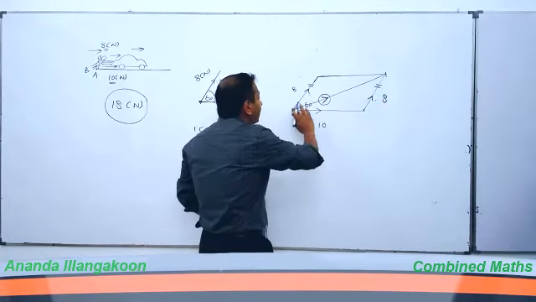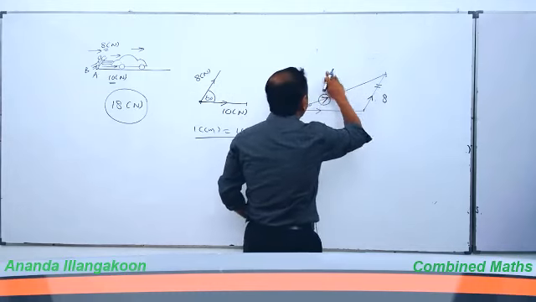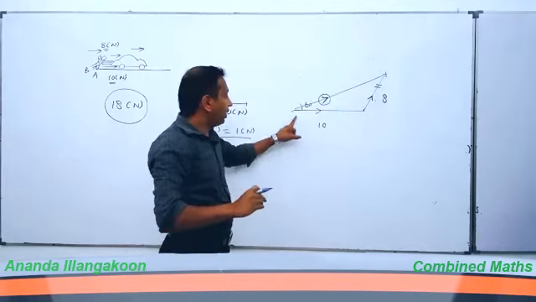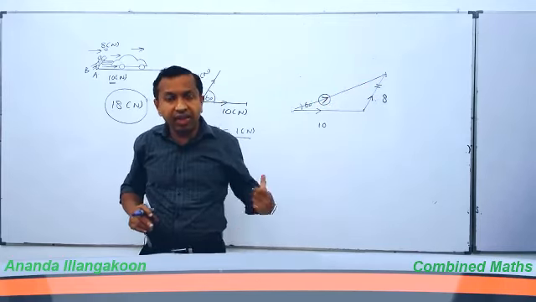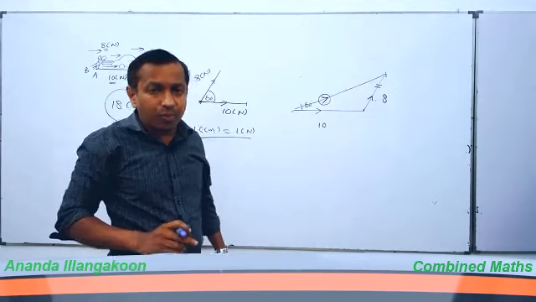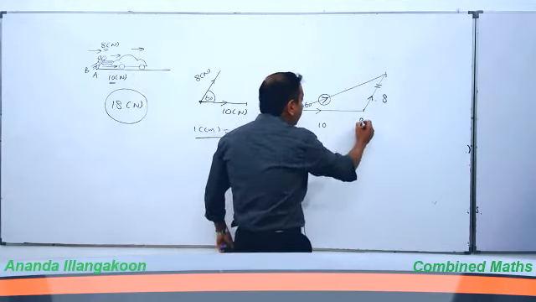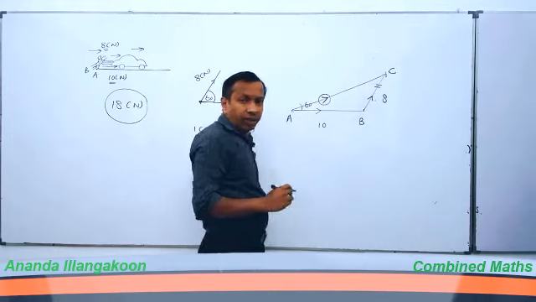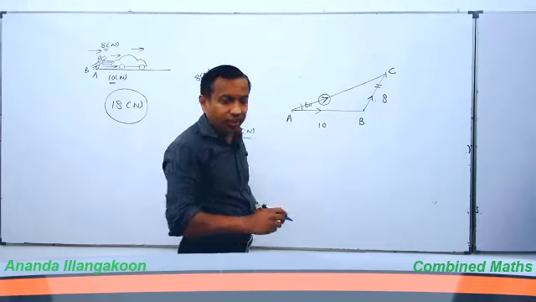Now, people, I am going to erase this. We still have the same diagonal. Now just mark here A, B, C. Force is a vector.